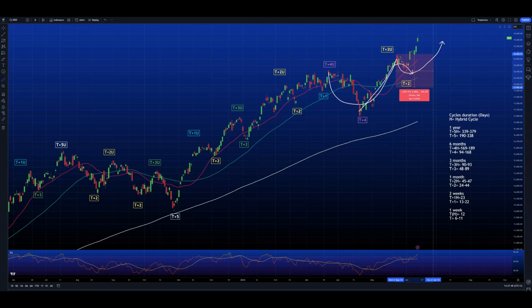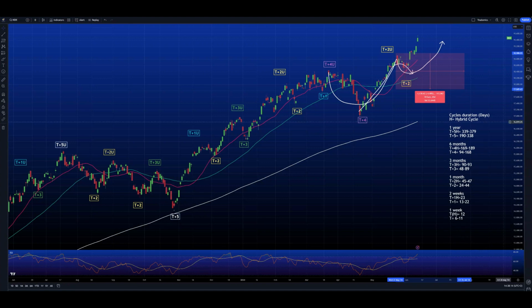That would be the minimum duration, the worst case scenario. So we expect the rally to further extend its gains until the 27th of June. And in the best case scenario, as for the legend below, we can extend the rally up to 44 days. So we can even have a scenario where we have an extension of the rally until the 26th of July.